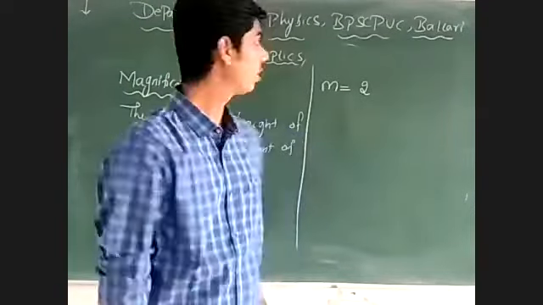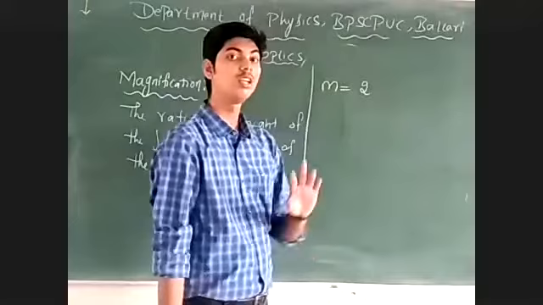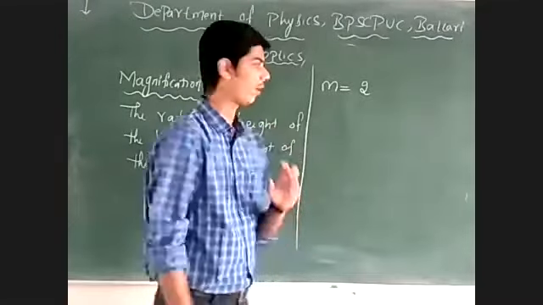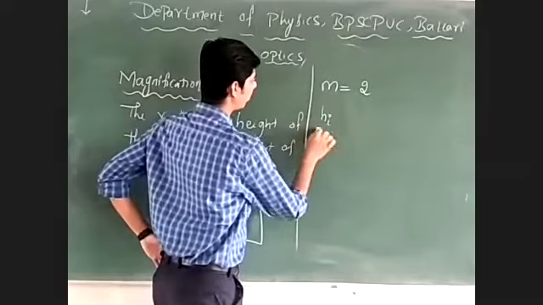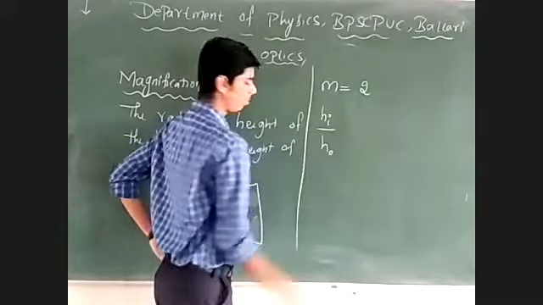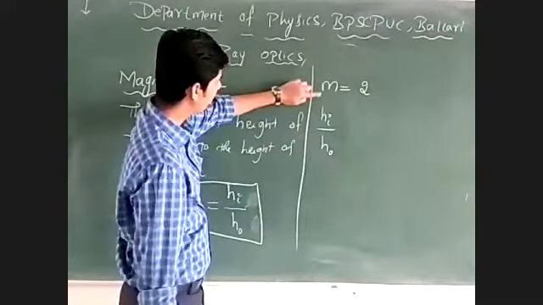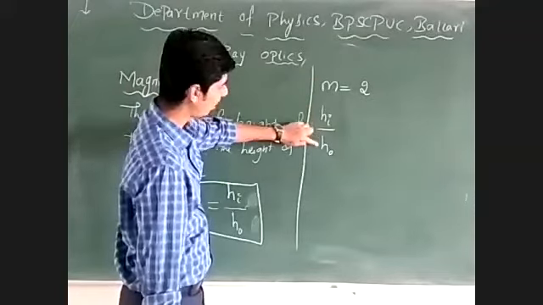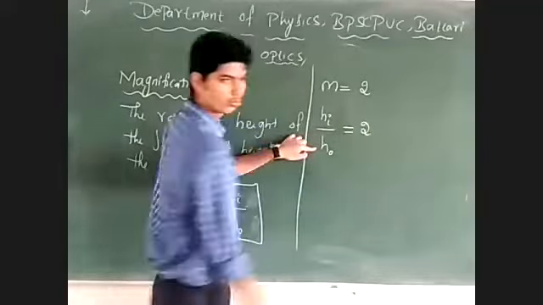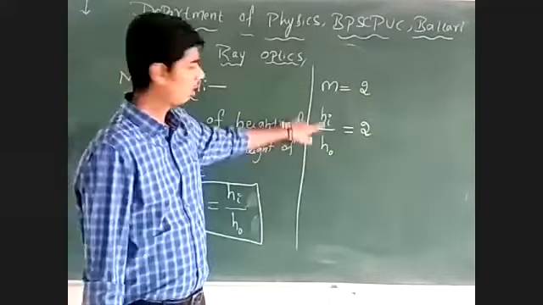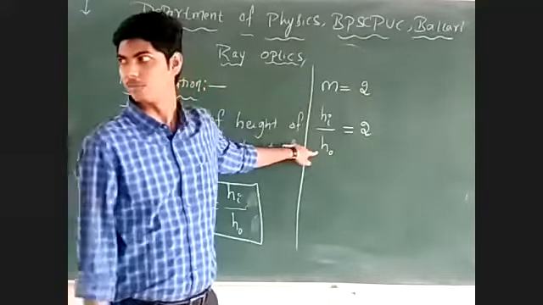We go back to the definition of magnification. Magnification is defined as height of the image to the height of the object, and that is equal to 2. Height of image to height of the object is 2.